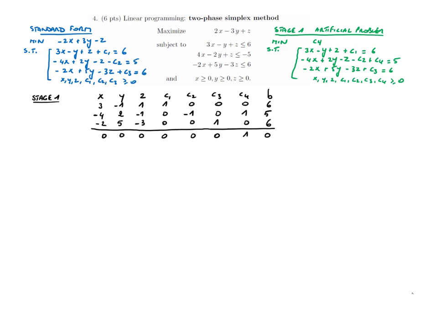So let us start by writing the stage 1 artificial problem in the form of a tableau, right? And the basic variables will be C1, C3 and C4. Notice that the cost here has been written below in the tableau, and we can see here that this tableau is not yet in its canonical form.